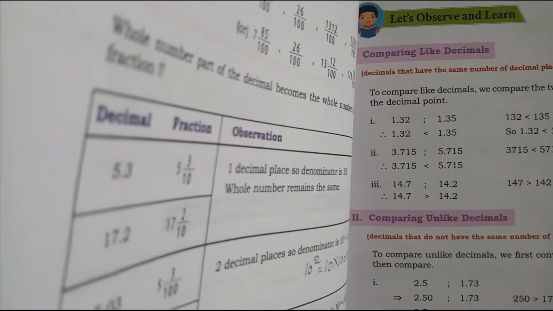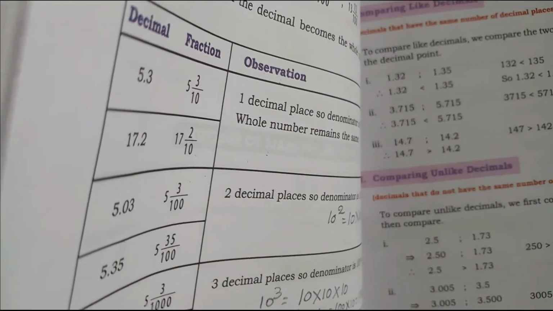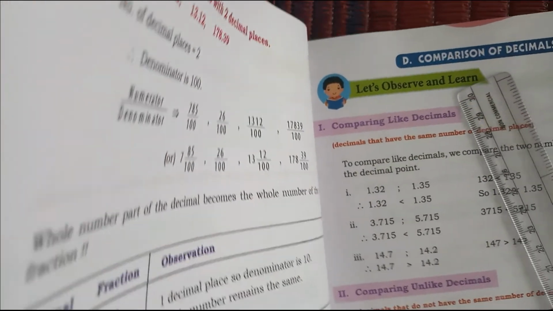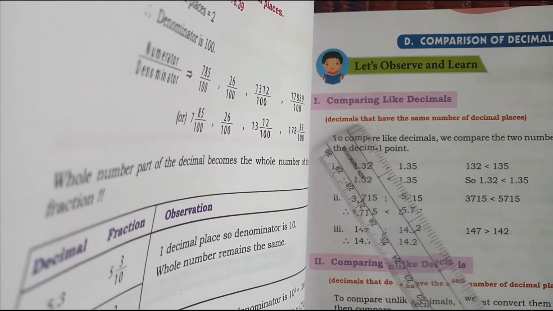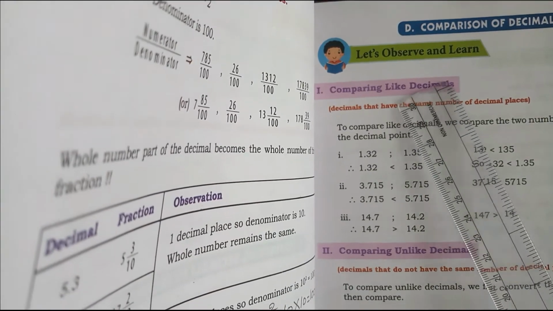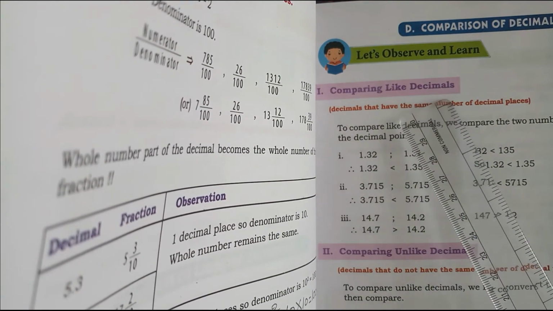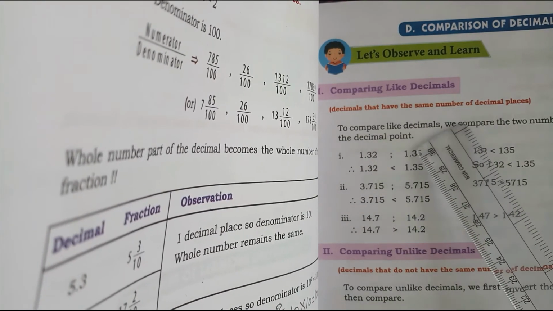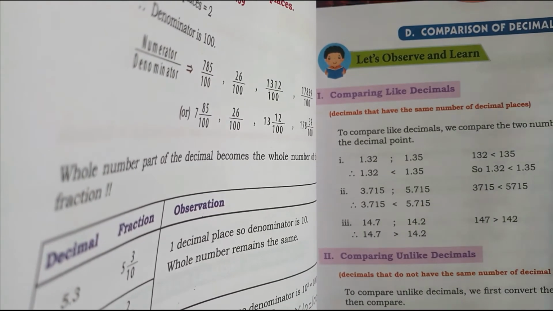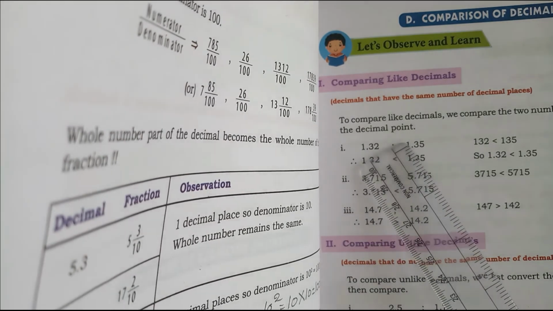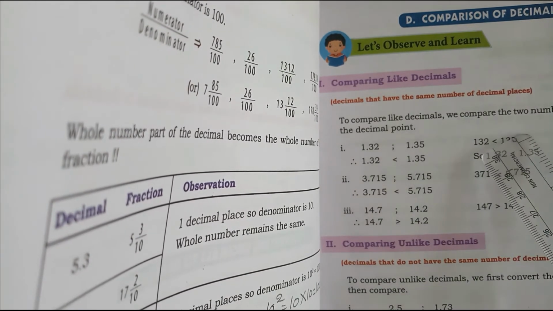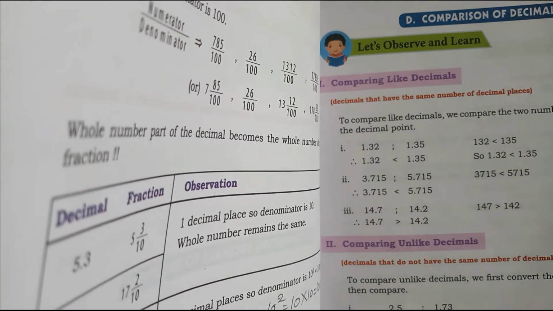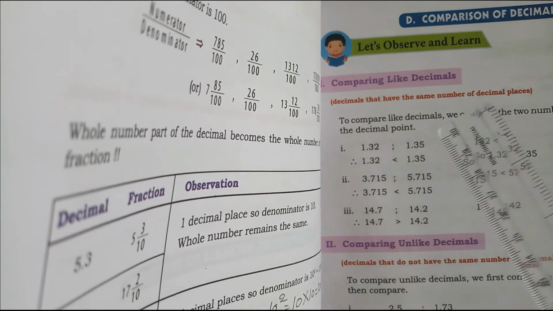Now see comparison of decimals. Let us observe and learn. Comparing like decimals means decimals that have the same number of decimal places. To compare like decimals, we compare the two numbers obtained by ignoring the decimal point.